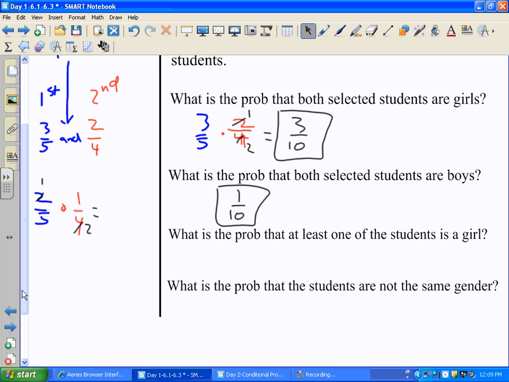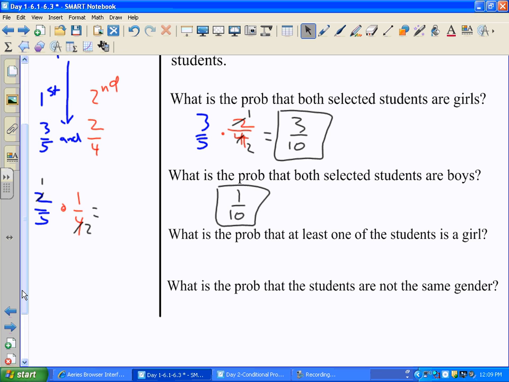Now here's my next question. Are those 2 events in the first problem and the second problem complementary events? No? Well, ish. Can't be complementary-ish.